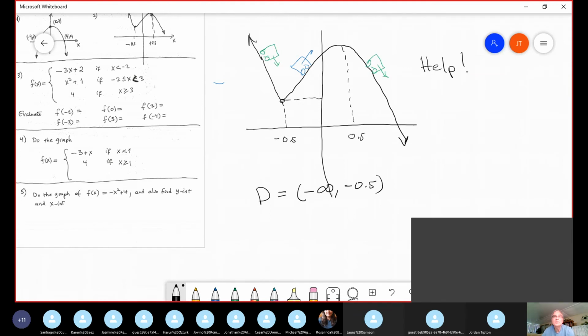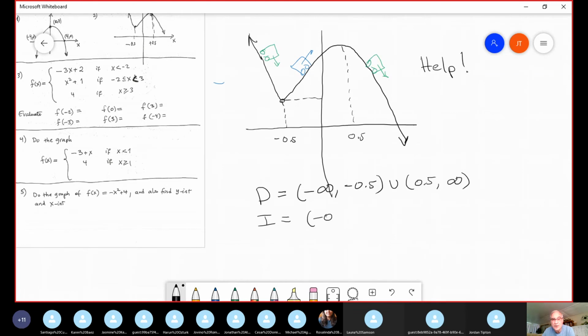From 0.5 to positive infinity, union. It is exactly when I put the roller coaster car in green color. This is decreasing. And increasing is when I put the roller coaster car in blue color, which is from negative 0.5 to 0.5. And constant, no.